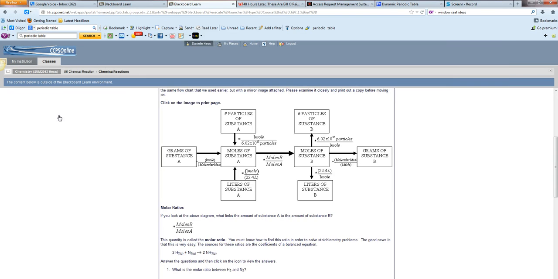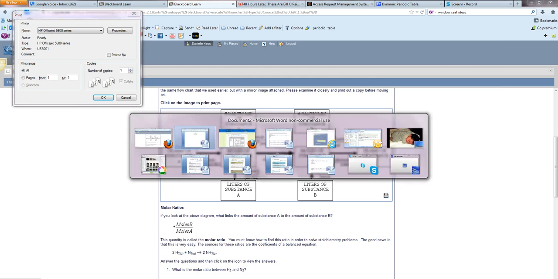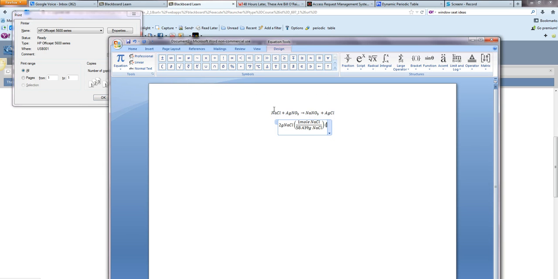The next thing that we need to do when we look at our chart is, now that we've multiplied it by our molar mass so we can change grams into moles of substance A, we're going to have to move it to substance B, so we're going to have to find out that molar ratio. In this particular problem, we see that there's no numbers in front of our substances, so our molar ratio is going to be 1 to 1.